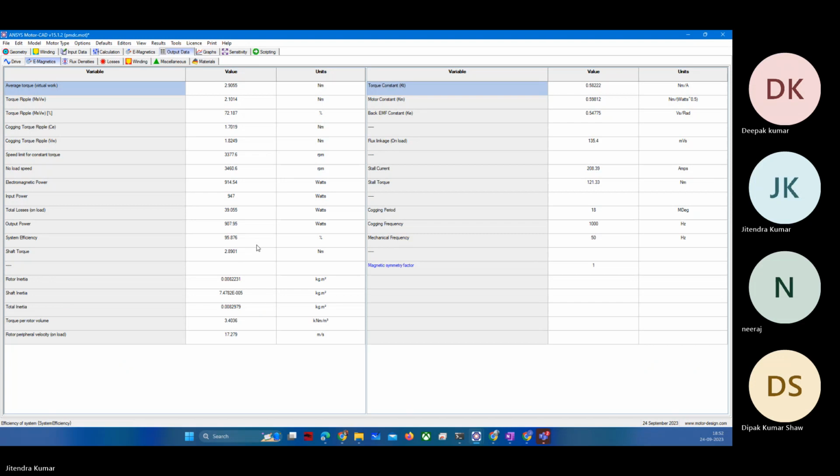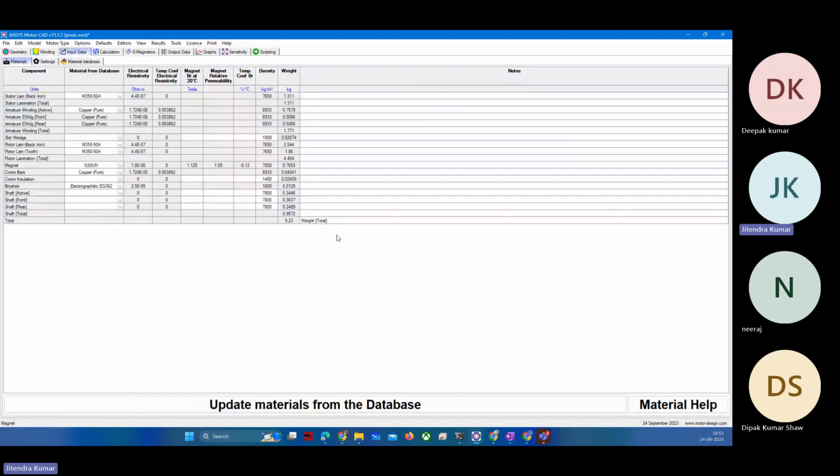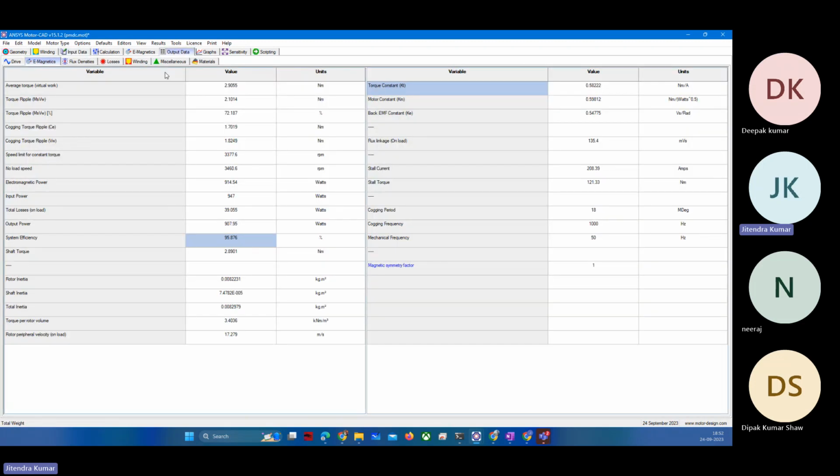But here we are able to achieve such efficiency, but we have over designed the machine. You can see the weight of the machine is 9.23 kg. That is very high. This much weight is not desirable for such an output. And I will come to your question, Neeraj, why we are having these frequency dependent losses.